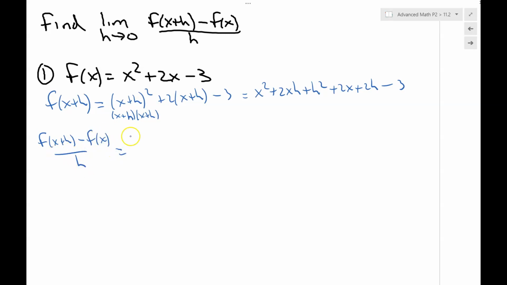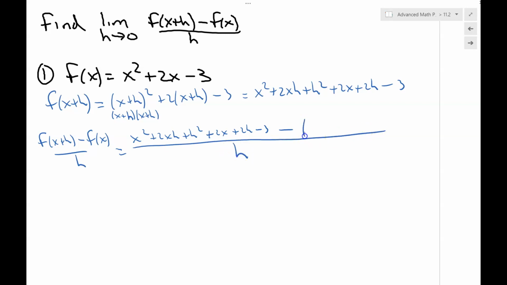And so we're going to put that in. Plus h squared plus 2x plus 2h minus 3. Subtract. Remember, this is all over h. Subtract the function of x, x squared plus 2x minus 3.